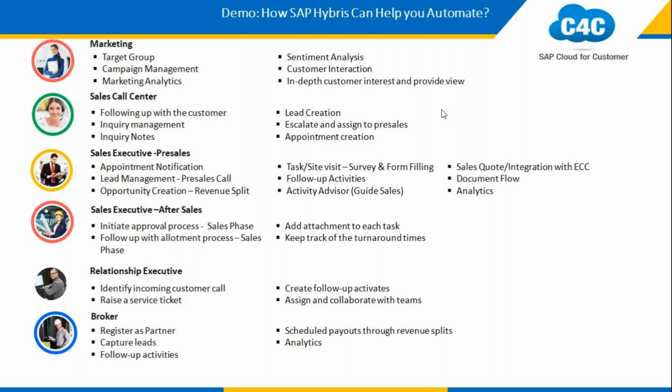In S4 HANA, the customer management is used when you don't require any integration, you don't require any other app to be there, and the integration will be seamless within that. But the challenge is the look and feel, the UI and the performance are not as per the cloud application which Sales and Service Cloud provides. And Sales and Service Cloud also provide machine learning and artificial intelligence, which you will not find over there.